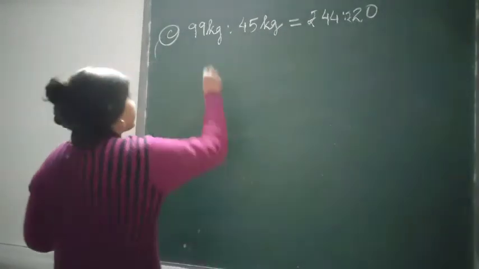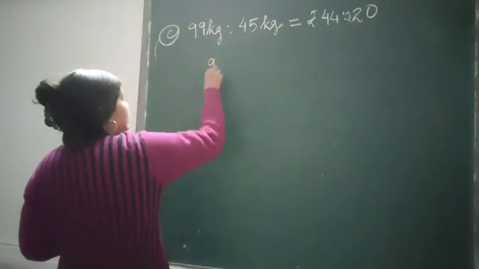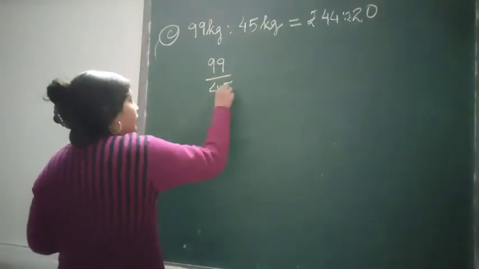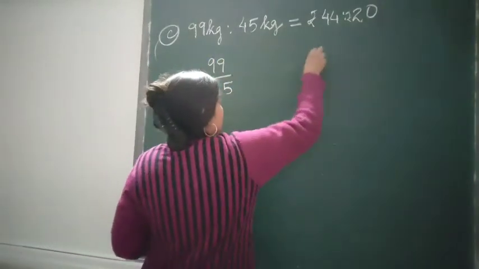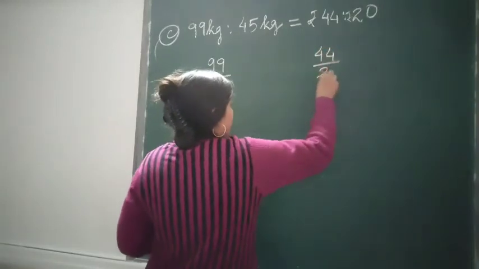So let's see. So this is 99 by 45 and this is 44 by 20.